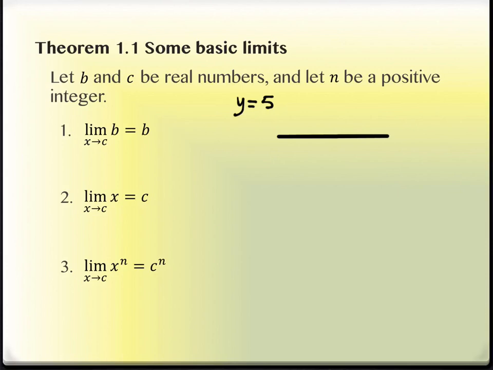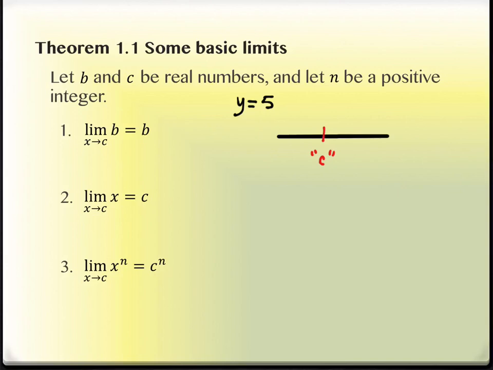And remember, any point on the horizontal line, it doesn't matter where it is, the y value is the same thing. So if I'm looking at this particular point, we'll call it c, no matter what c value I pick, y is still 5, right? It doesn't depend on what that is. So you see that the limit as x approaches c of the value b is simply b, okay? The constant graph doesn't change. The graph is always the same y value.